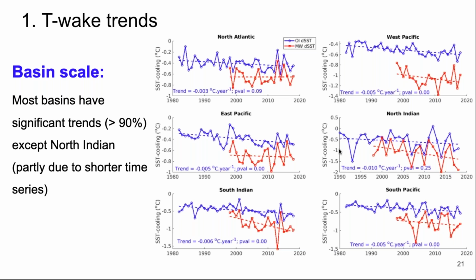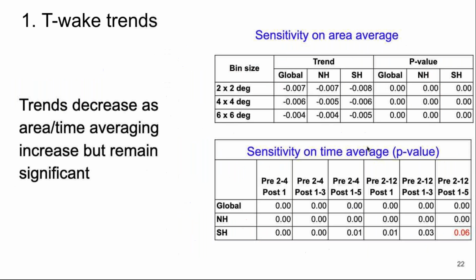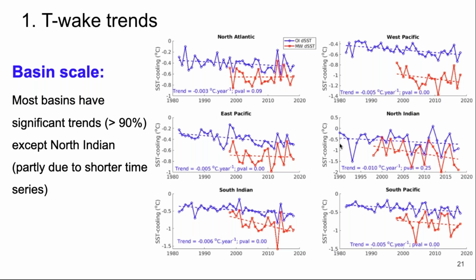This is not because of a limitation in SST data. It's because of the limitation in storm track data. In IBTrACS, we couldn't find storm track data before this period for the North Indian. And so we have seen that the trends are very highly significant.